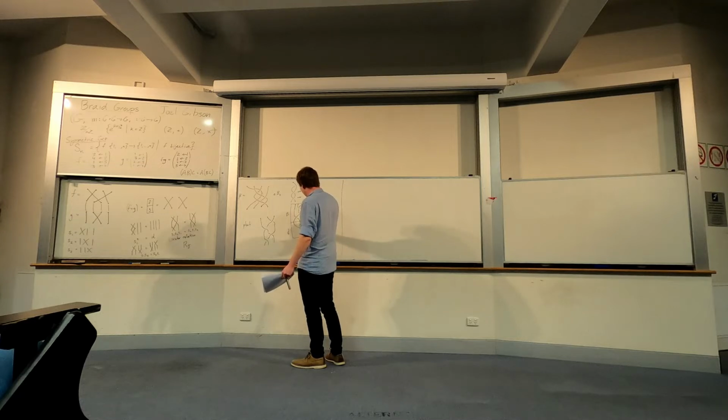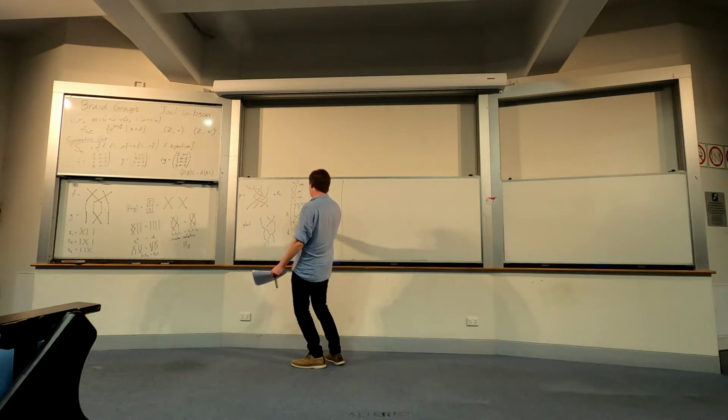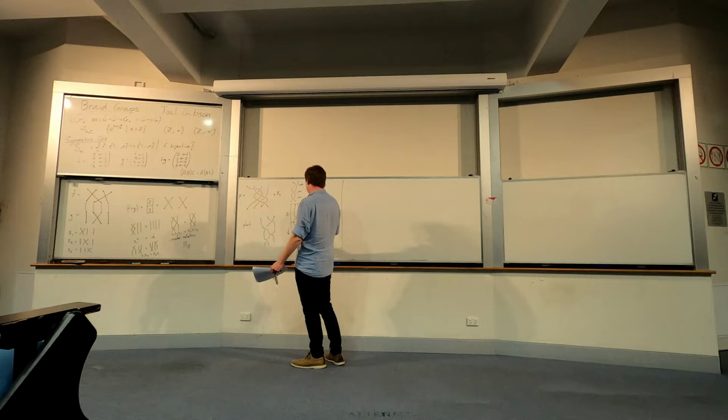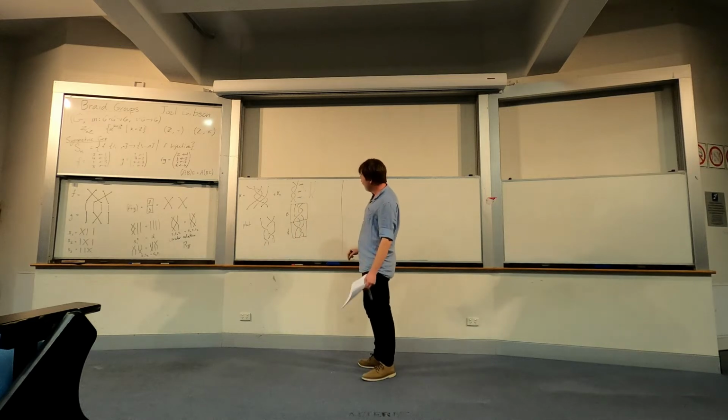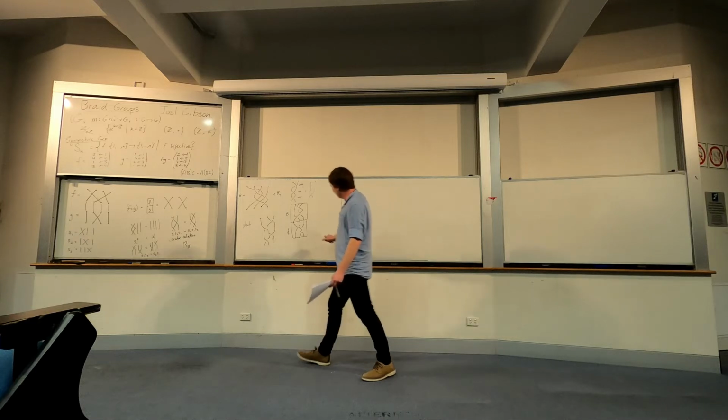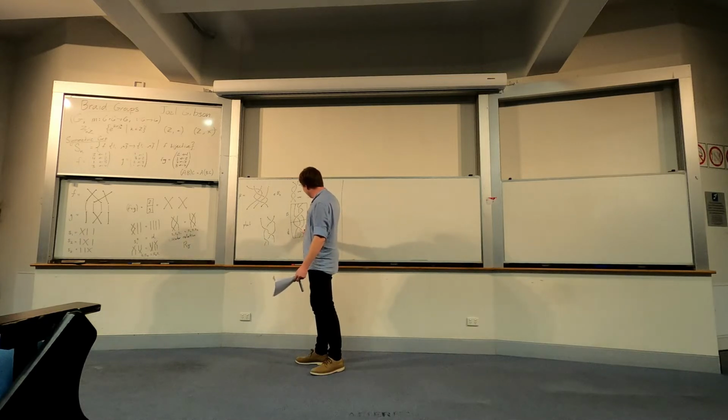Now, I'm going to try to do this right. So difficult. I think I've done that wrong. I think there's one extra crossing here that is not meant to be there.